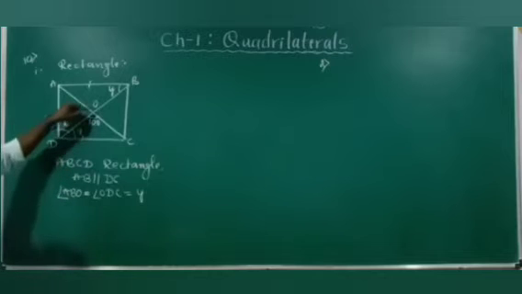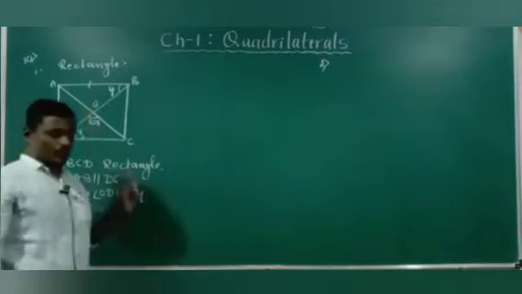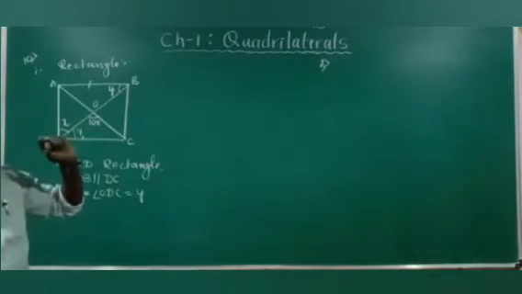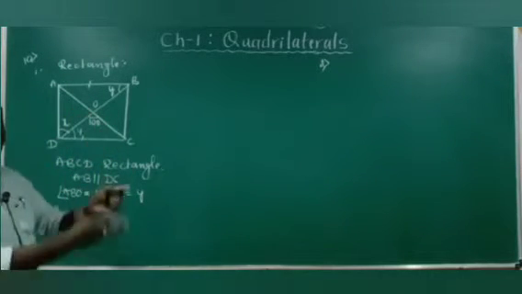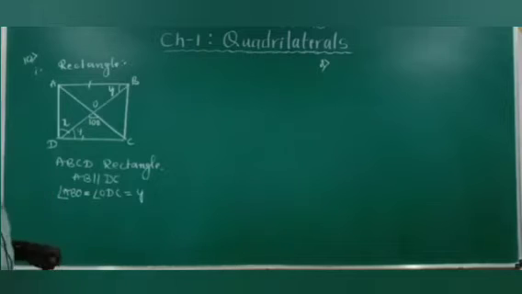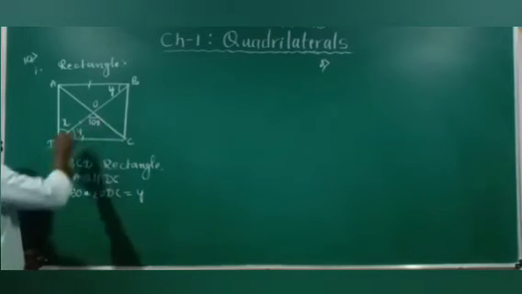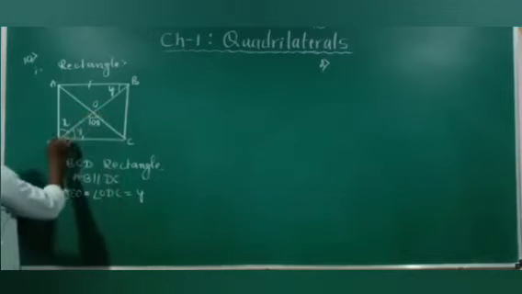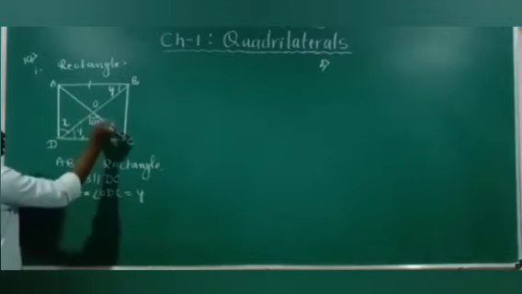Both angles are Y because these two are the alternate angles formed between the two parallel lines AB and DC. Okay, you already learnt in the properties of the rectangle, the diagonals are bisected into 2 equal parts. It means here OD is equal to OC.